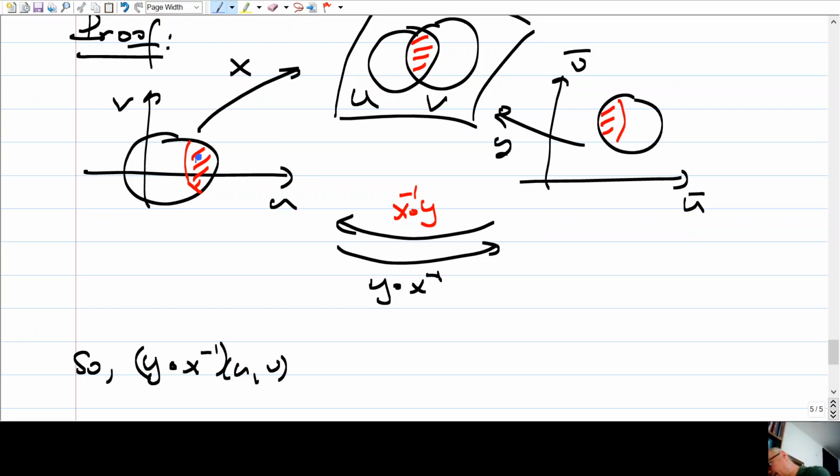At a point like this, first I go by, sorry, this is not correct. Let me correct this. First by X and then Y inverse.